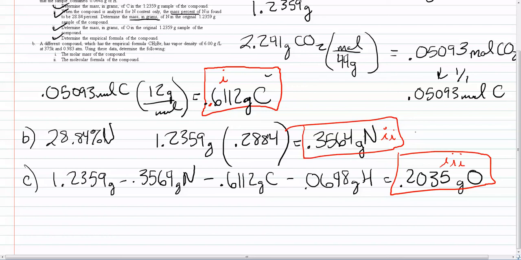Determine the empirical formula. Well, to do empirical formula, I'm going to need moles of all this stuff. What do we already have moles in? We already know moles of carbon. Good. So we've got 0.05093 moles of carbon.